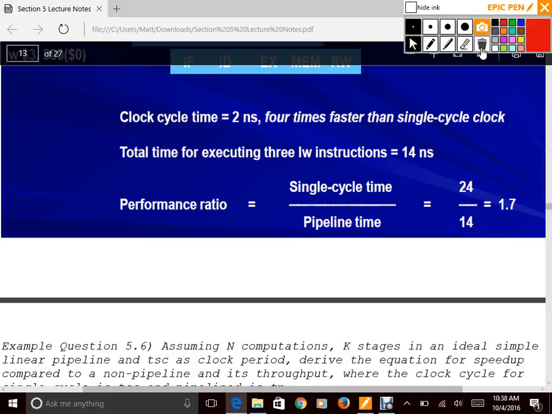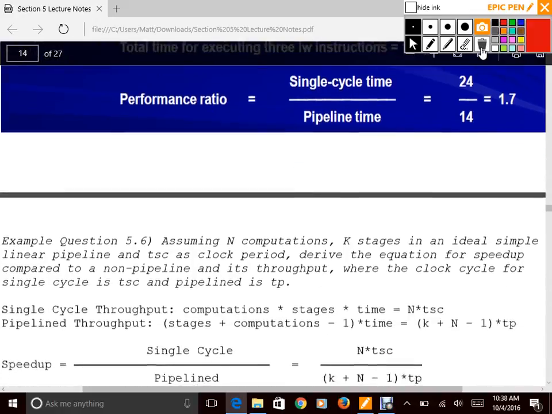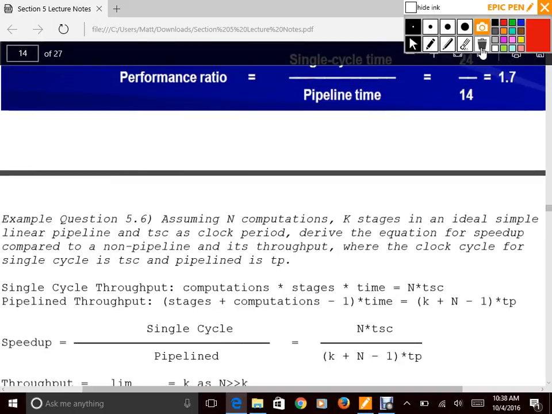And for those of you who are copying it down, you can see that it's the number of cycles times cycle time: k plus n minus 1 times the pipeline cycle time. See how that works? So now, derive the equation for speedup. Oh, y'all thought you were done with that. So what is my speedup?